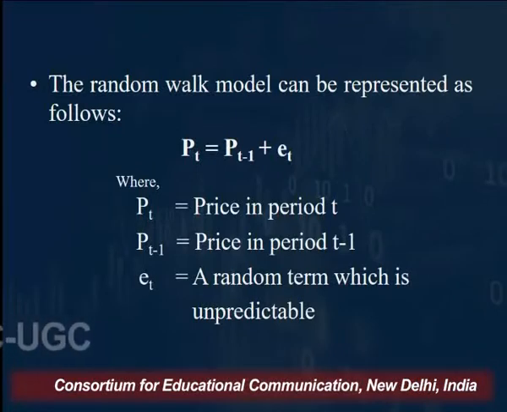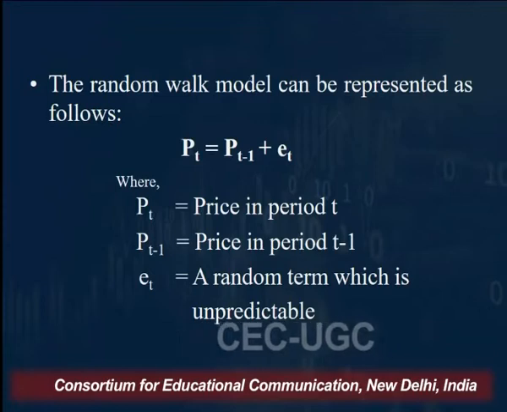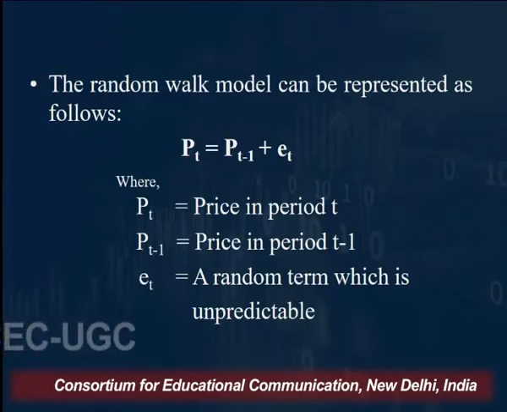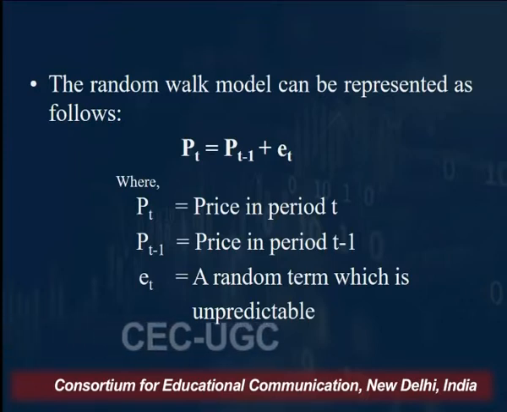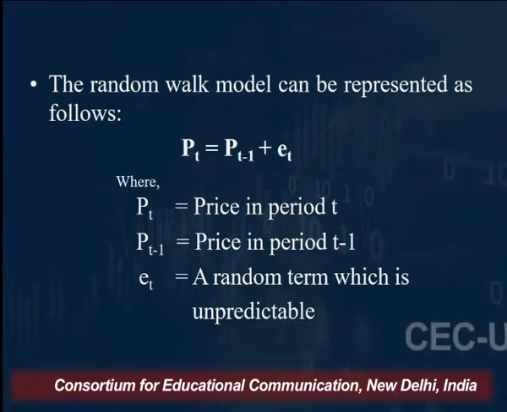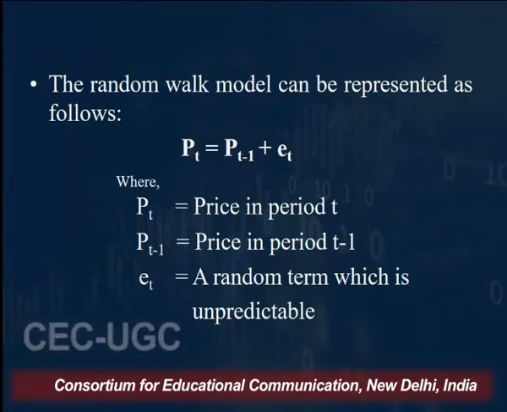So the random walk model can be presented as follows. Price at t, Pt, refers to the price at the period t, is equal to Pt minus 1, the immediately preceding time, plus et. That Pt minus 1 is equal to the price in the period t minus 1, meaning the previous period.